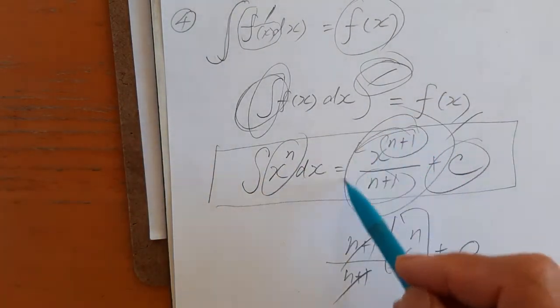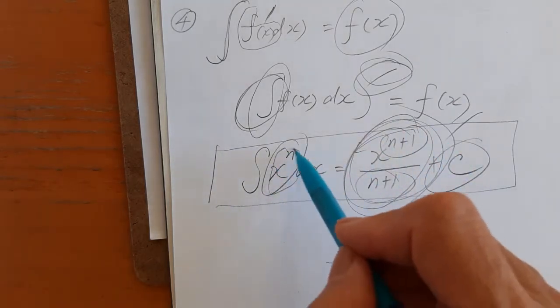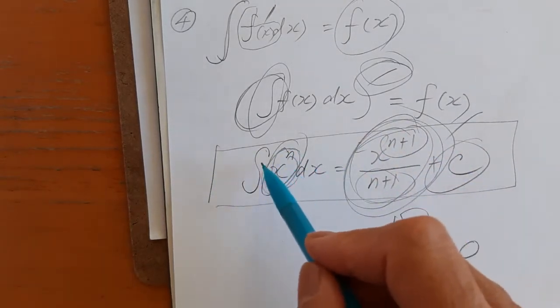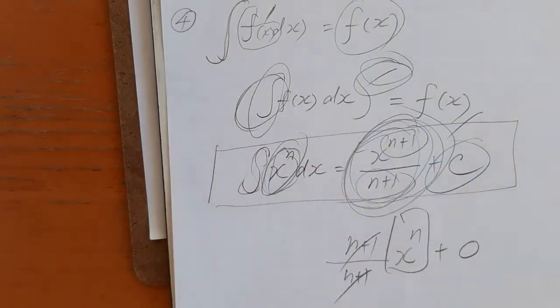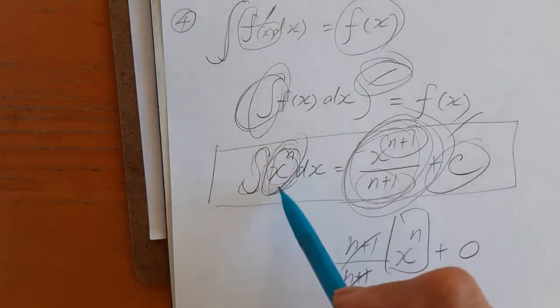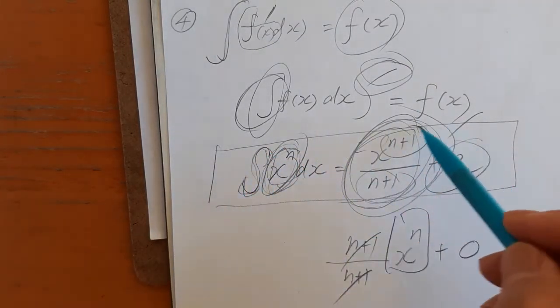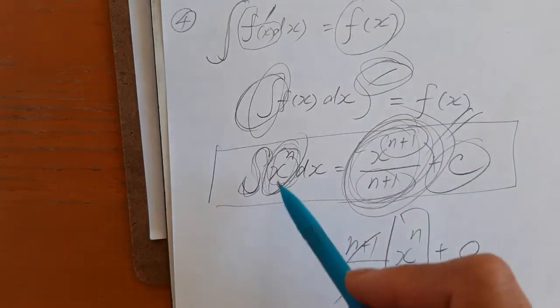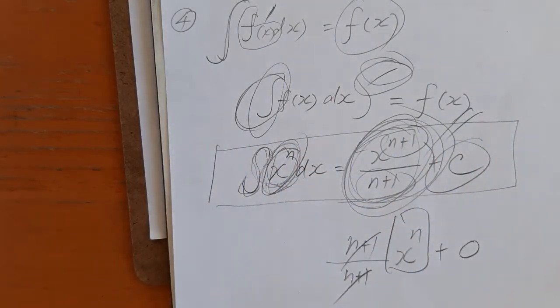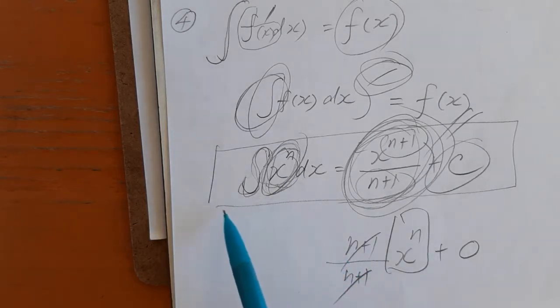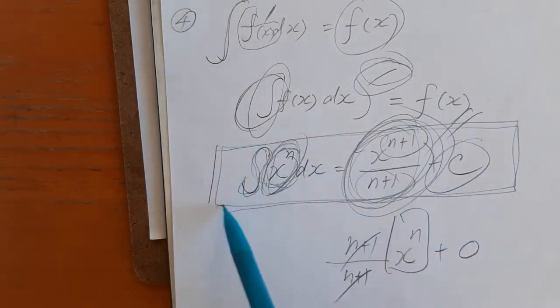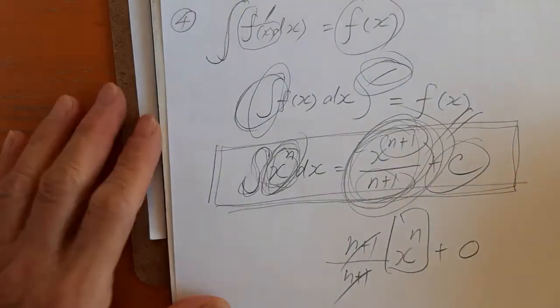So this takes derivative and goes back to the original. That is the integral formula, the power rule for x to the power n.